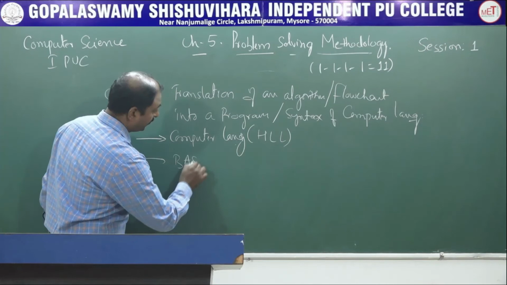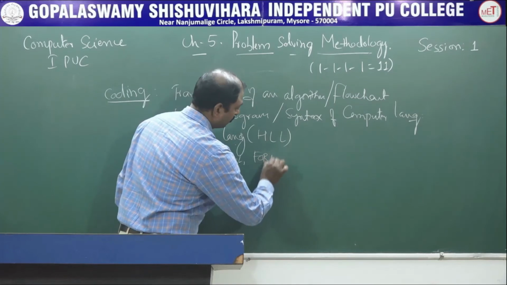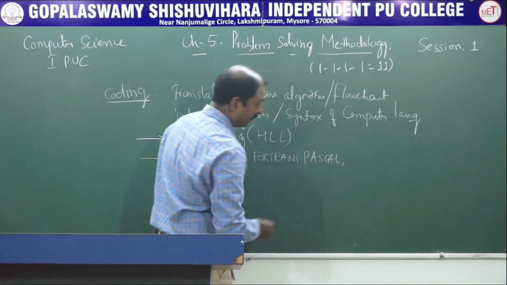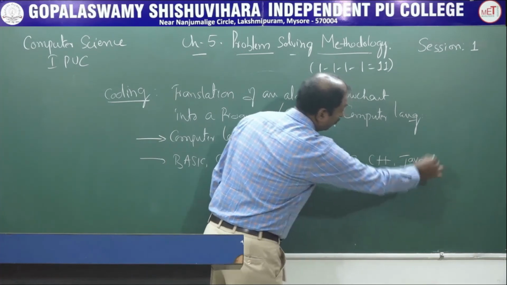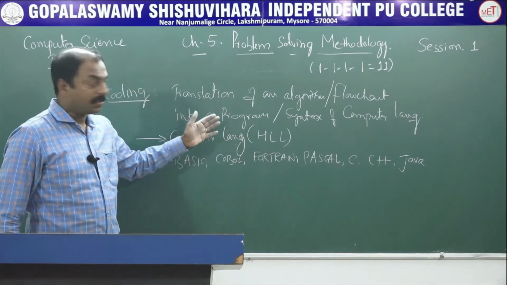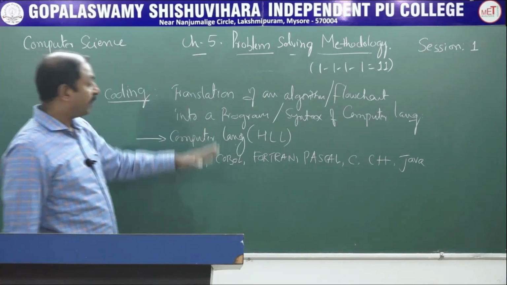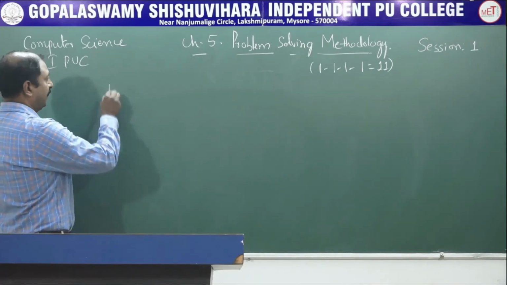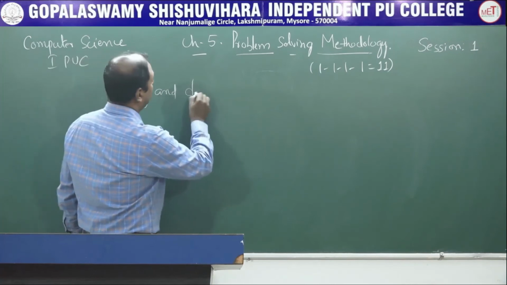They are BASIC, COBOL, Fortran, Pascal, and C, C++, Java, which are a few of the computer languages or high level languages. So after algorithm and flowchart, the next step is coding. It is nothing but writing a program by making use of any of the computer languages. Next step is testing and debugging.